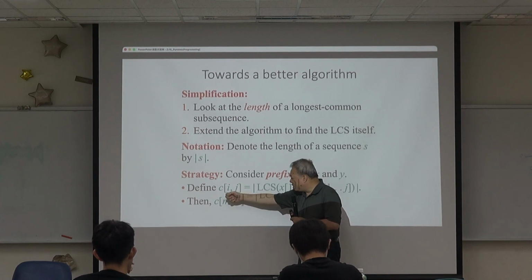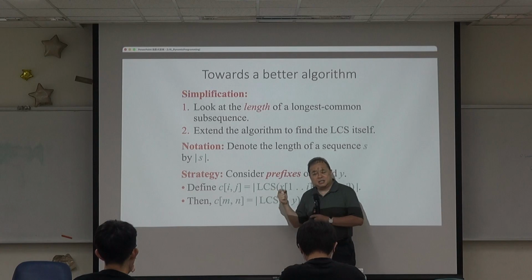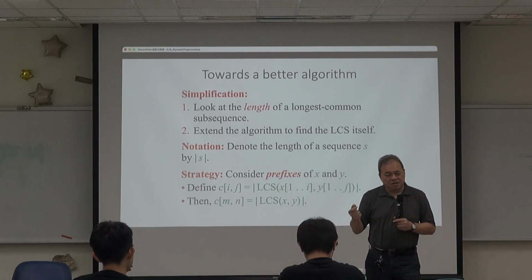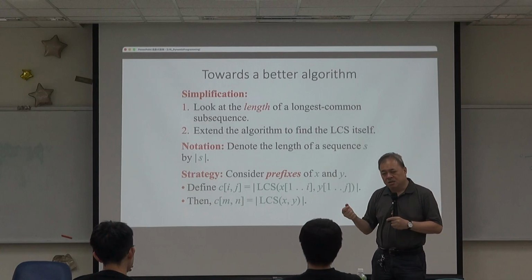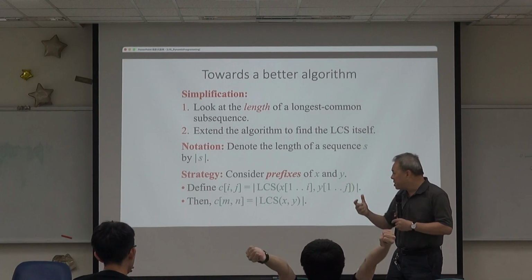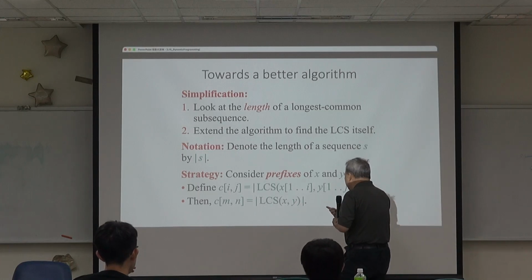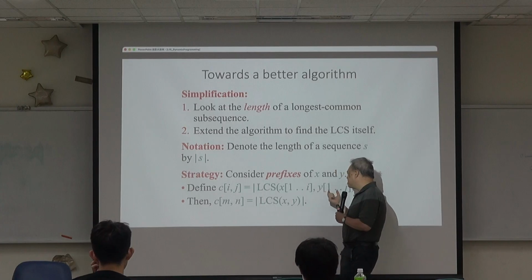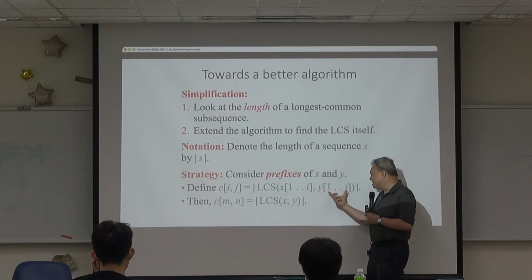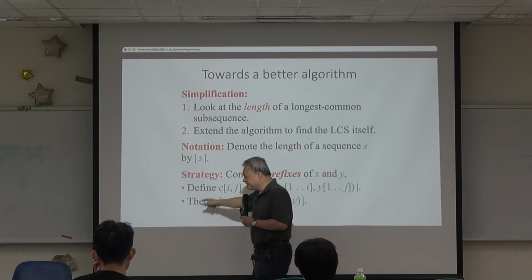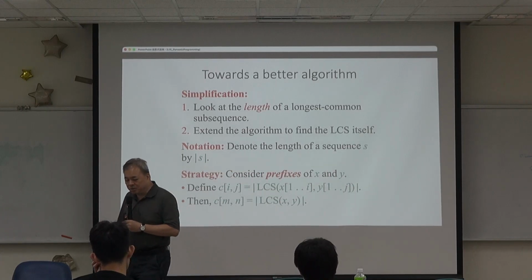Cij means the length of the longest common subsequence of two prefixes, one from x with prefix length i, the other from y with prefix length j.